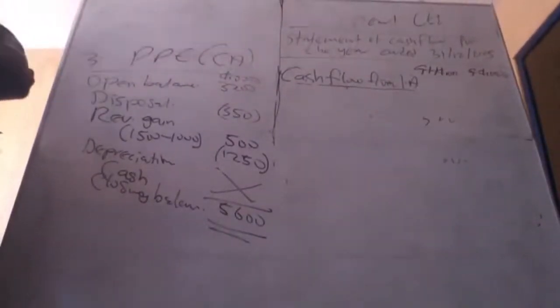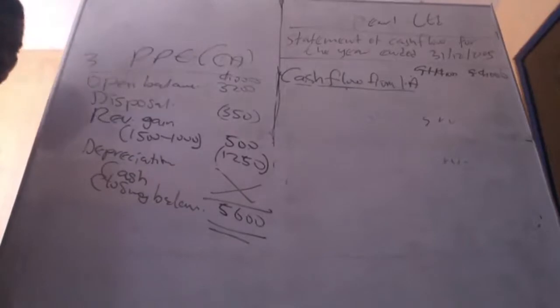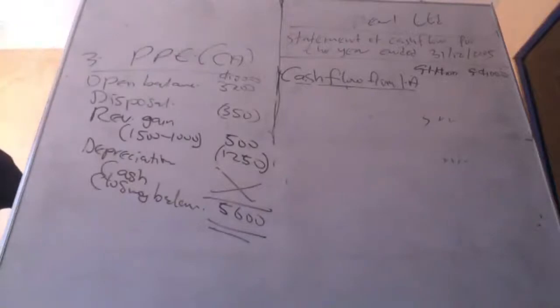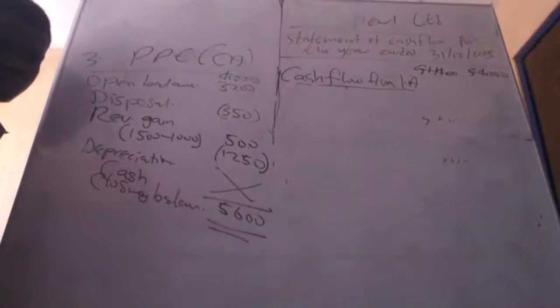Taking from 3,000, 7,600 plus 1,008. Take 1,008 from 5,600. What do you get? Everybody do the calculation and get me the answer.